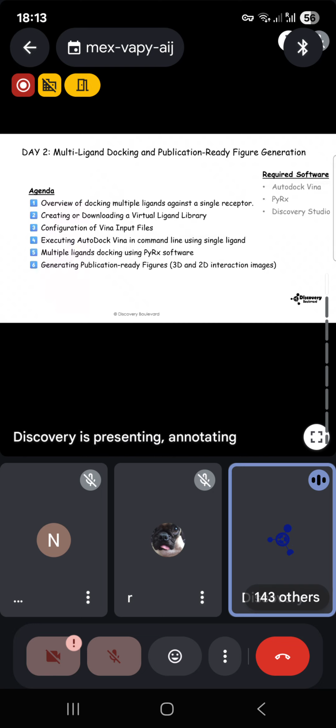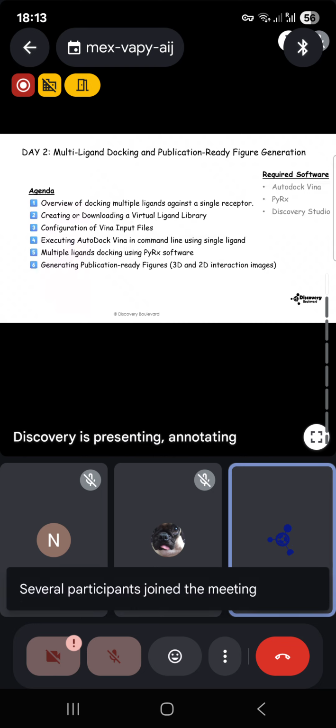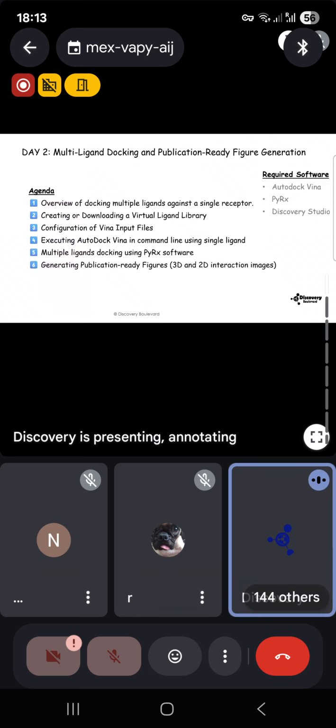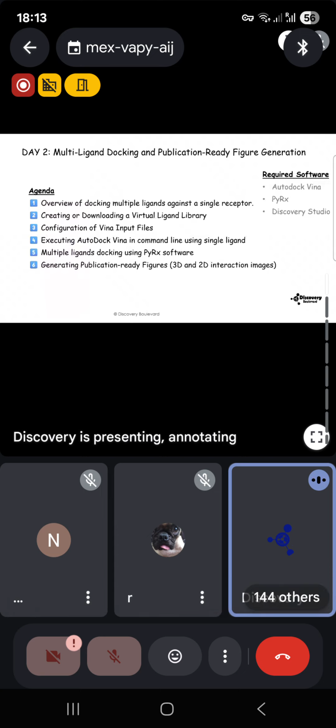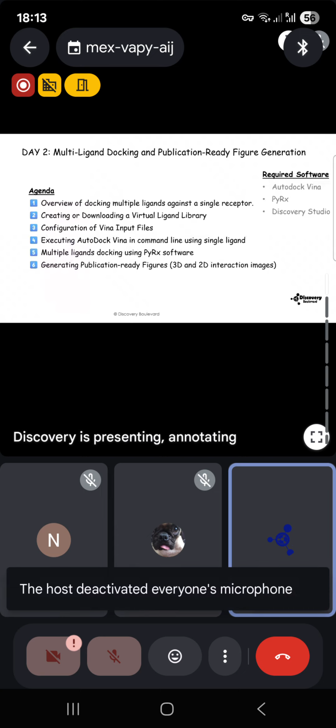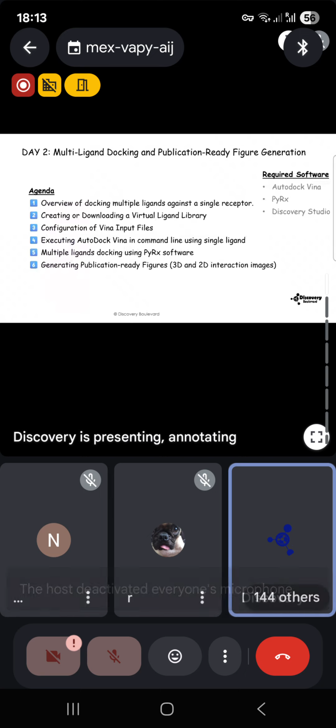One second, I'm trying to find. All right. Something got stuck. That's why.